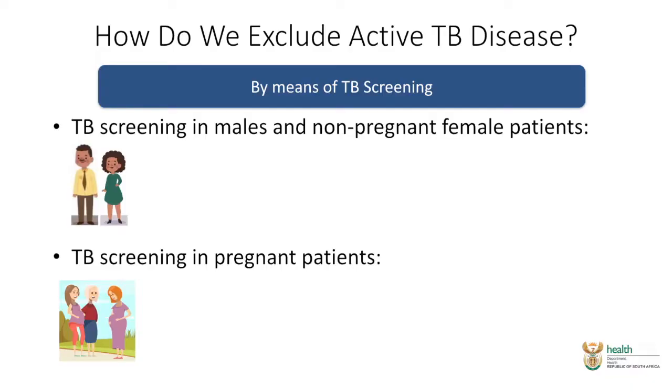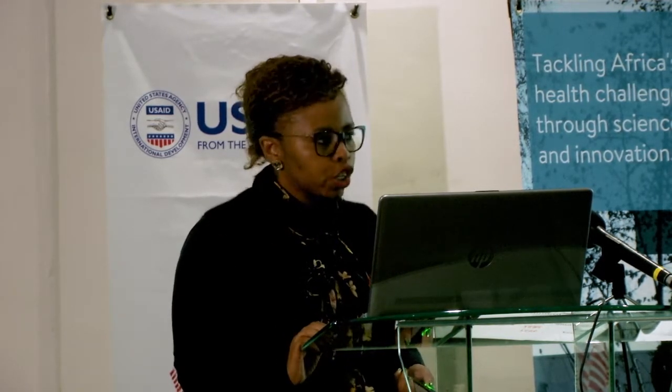Okay. So how do we exclude active TB disease then? By using the TB screening tool, all right? This is done in males and non-pregnant female patients. When Kotsega was up here, she spoke about the screening as far as a pregnant woman is concerned.